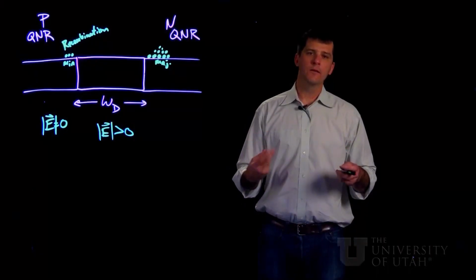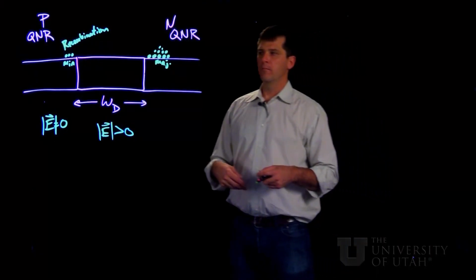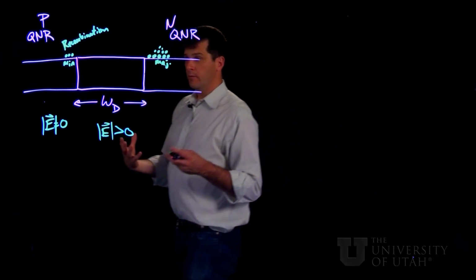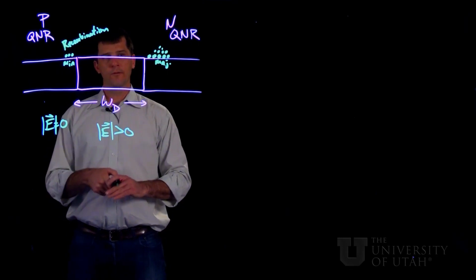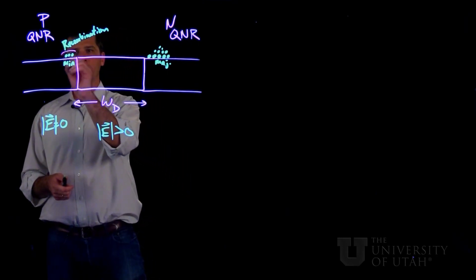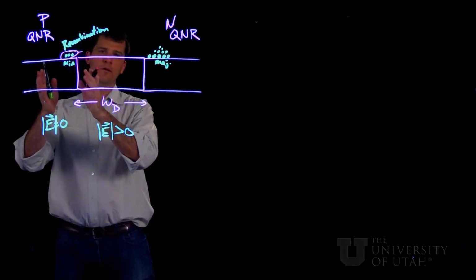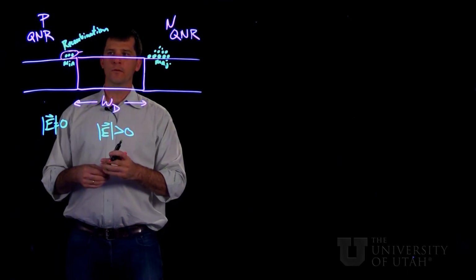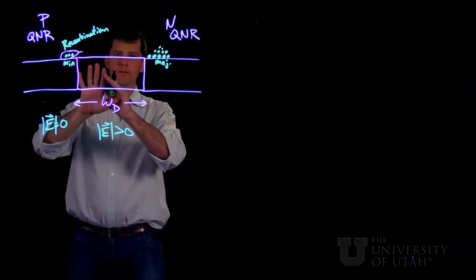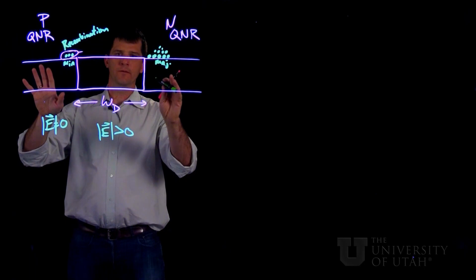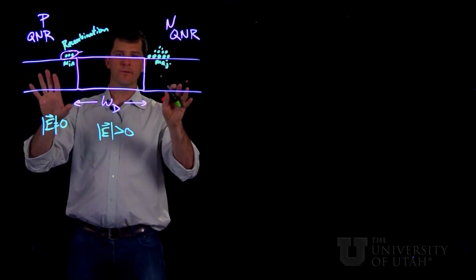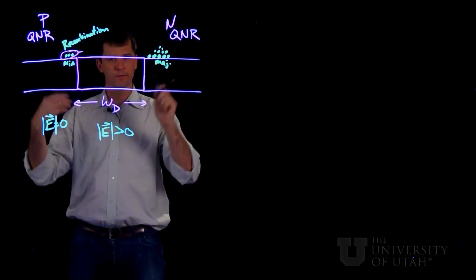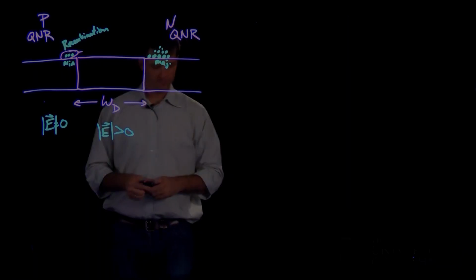Now, in order to calculate these currents, we need to sort of use our unbiased case as a reference. And we assume that the injected number of carriers is small compared to the number of carriers on both sides under thermal equilibrium with no voltages applied. So this is again using this low injection condition.